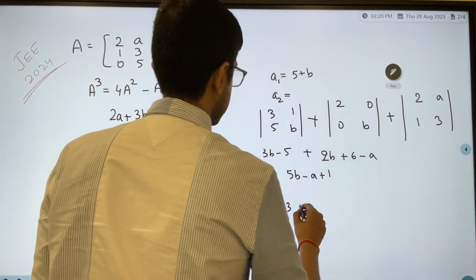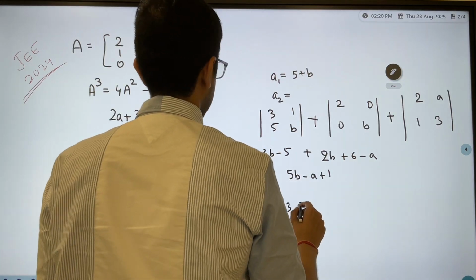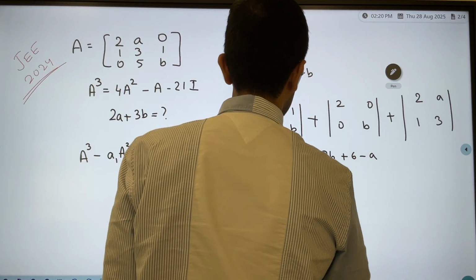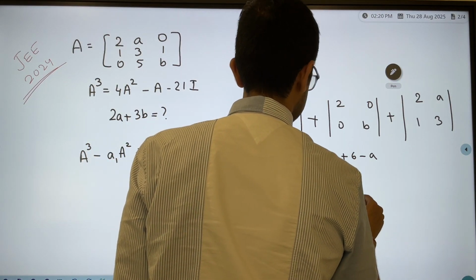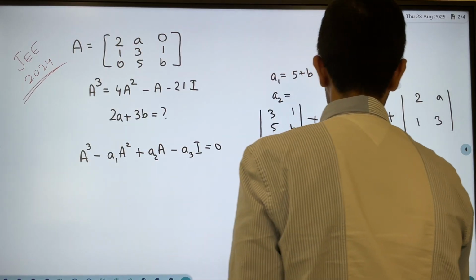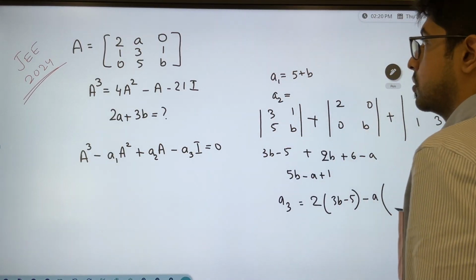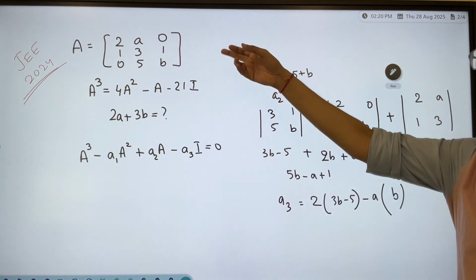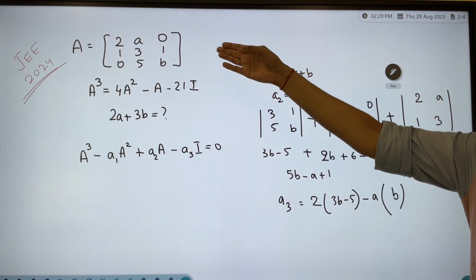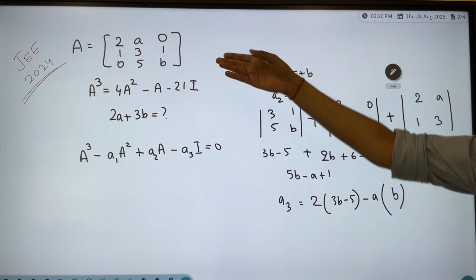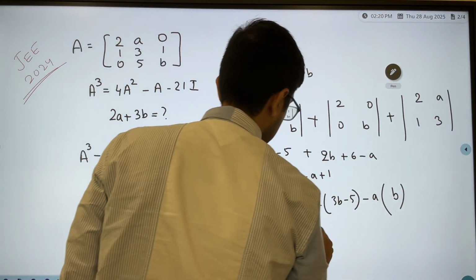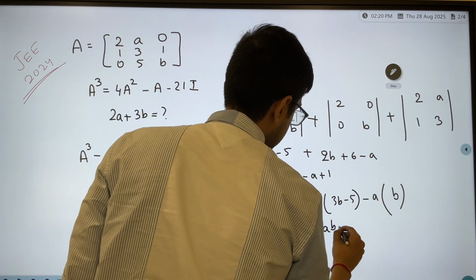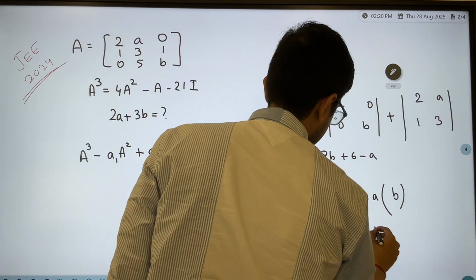And my A3, which is nothing but my determinant, can be found simply by doing 2 into 3B minus 5 minus A into B, because the third term will be 0 and if I find the minor of A, it is 1B minus 0. So this is equal to 6B minus 10 minus AB.